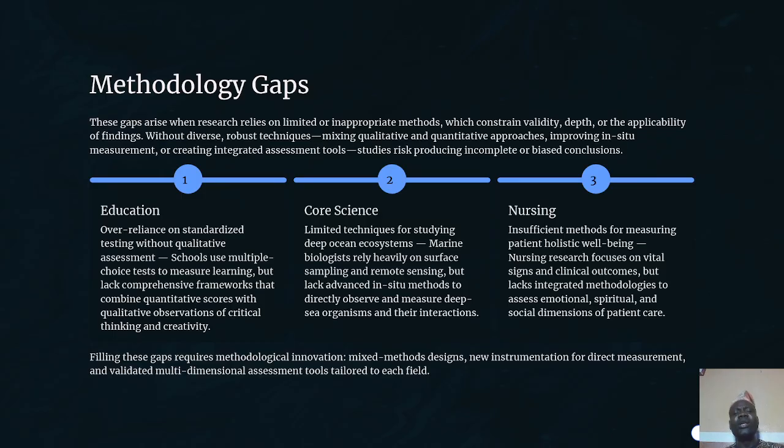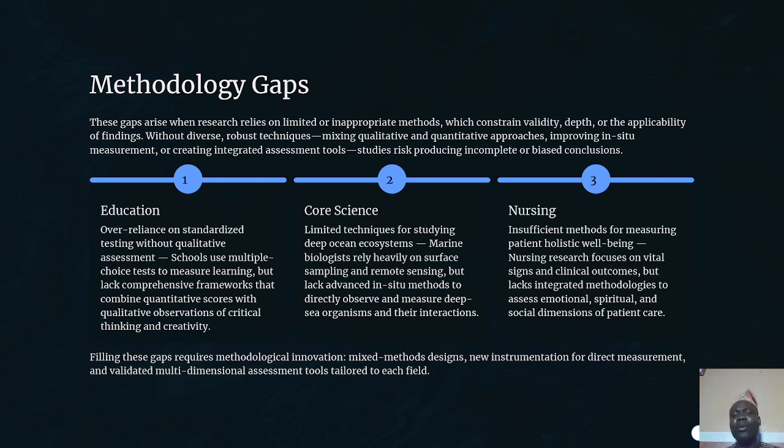So when we have this kind of study, our focus could be mixing qualitative and quantitative approaches. It could be they have been doing it only in a quantitative way, let somebody do it in qualitative alone. It could be how to measure. It could be an integrated assessment tool creation.